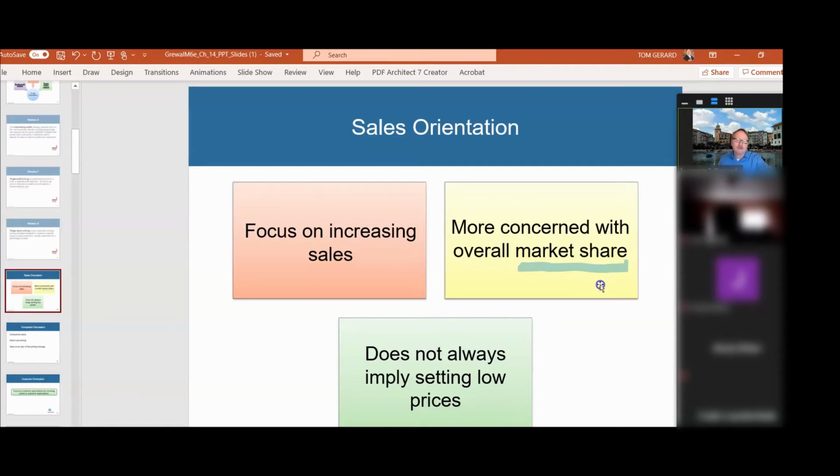The strategy with that, of course, is that as our market share grows over time, it's more of a long-term approach. Going back to my food examples, Frito-Lay controls the salty snack market, right?